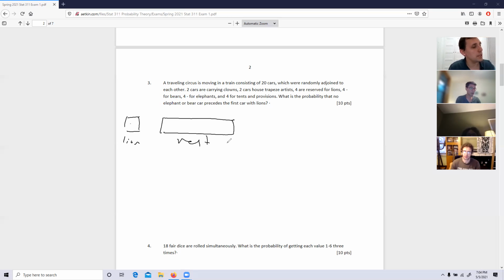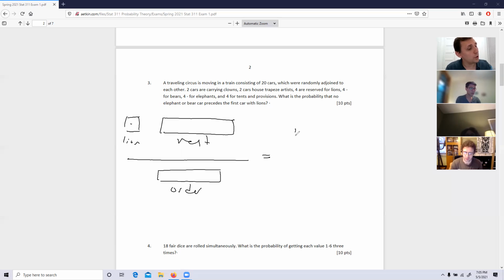So that would be my ordering of the numerator, and the denominator will simply be the order of animals. Success means the first was lion, and then one of the lions, and then the remaining lions together with the remaining animals. So that would be 4. Now, once I selected the lion, there are now 11 remaining animals.